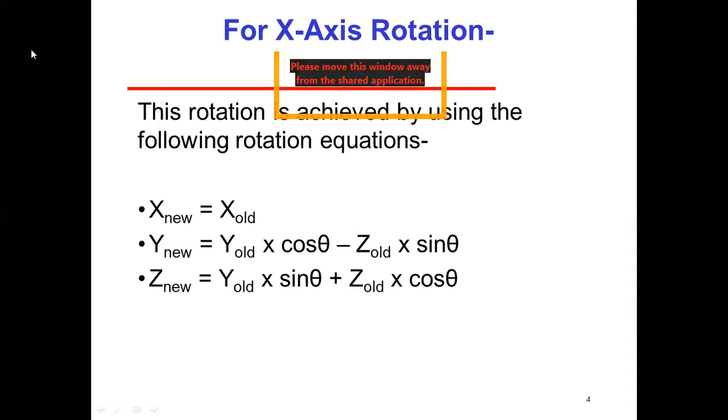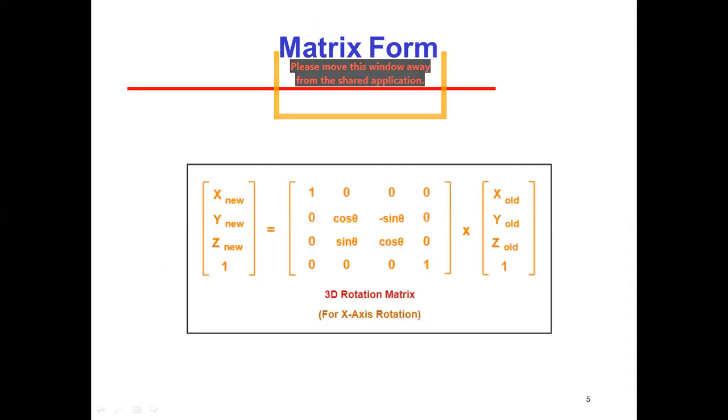Similarly, you can see in the next case, this is the matrix form for the x-axis rotation. Okay, we are going to rotate about the x-axis, so this is called the matrix formulation for x-axis rotation. So in this case, you can see x new, y new, z new, 1.